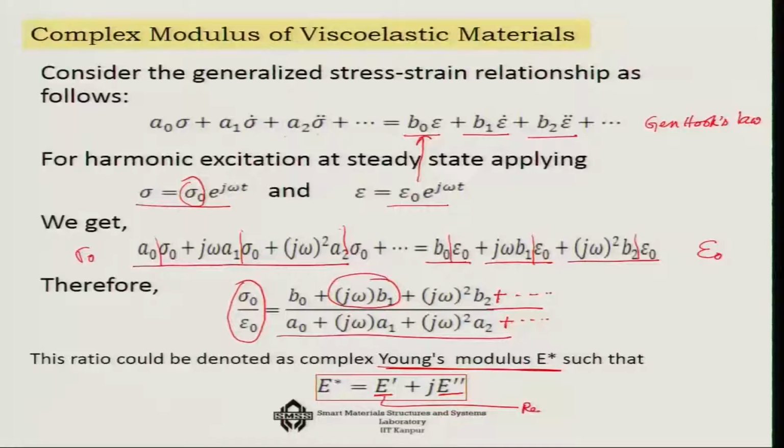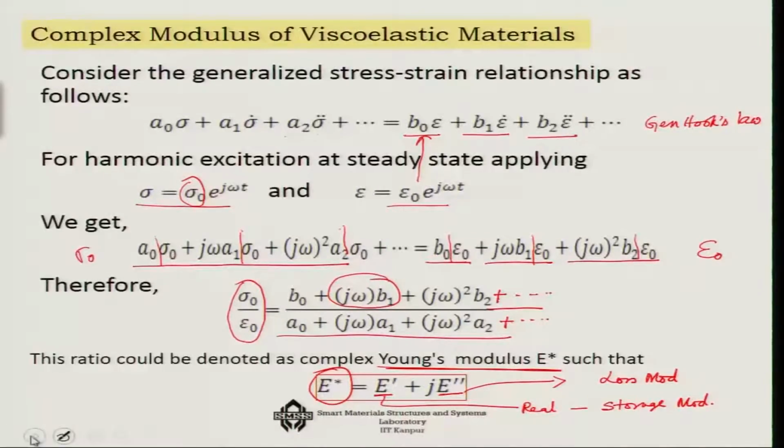E prime is the real part; we often call it the glass modulus or storage modulus, and E double prime we call the loss modulus. These are the two parts in the complex expression of the modulus of elasticity.